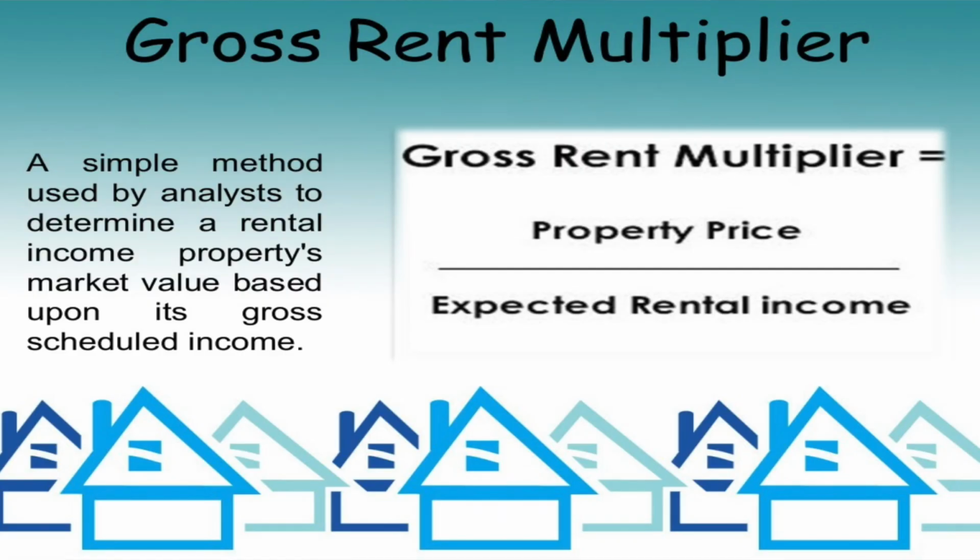The gross rent multiplier is similar to that of the price per earnings ratio you may come across in stock market investing. Now, this is helpful because it quickly tells us how good an investment property is at producing an income. And the key takeaway here is the higher the gross rent multiplier is, the less attractive an investment property becomes. Now let me illustrate a real-life example of that gross rent multiplier.